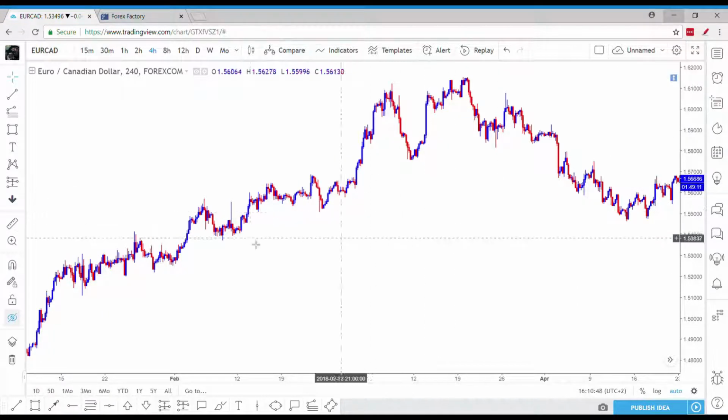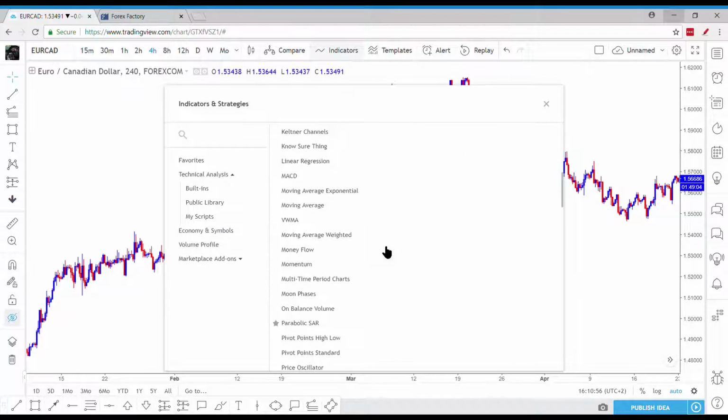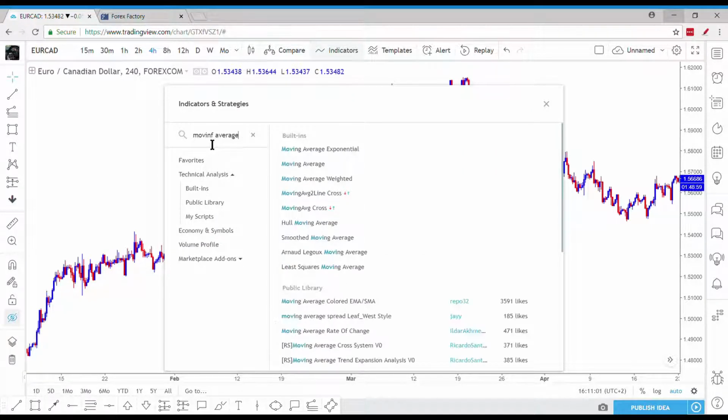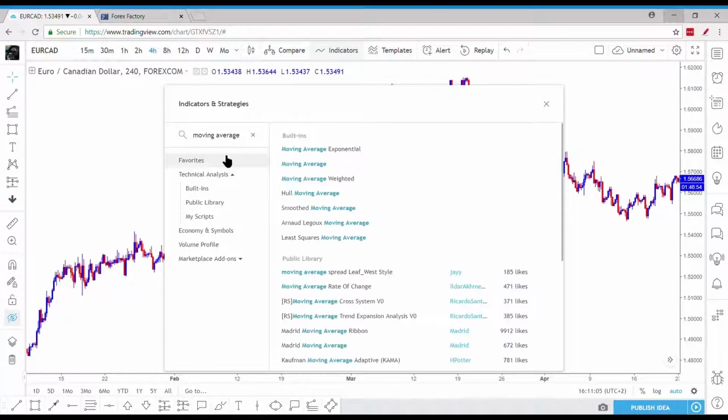First of all, I'll show you how you get them. You insert an indicator here. You've got all the indicators. Type in moving average, with a G, not an F. So you've got the exponential, the normal one, the weighted, and the smoothed, and these you don't really use. Basically the moving average is the normal one.